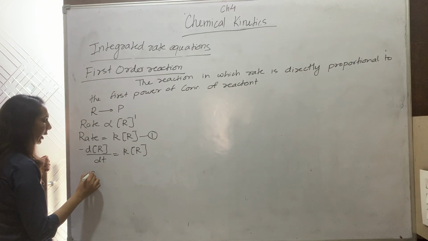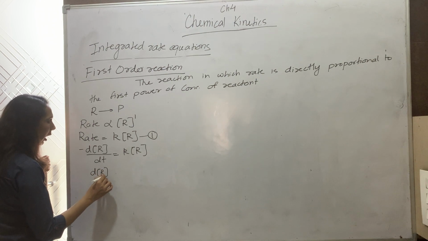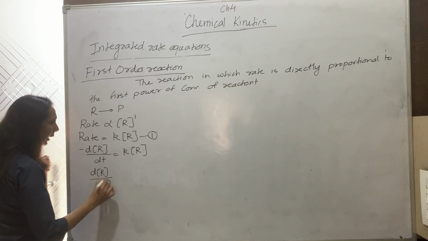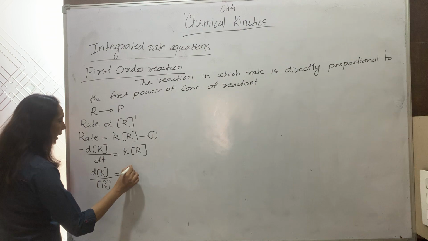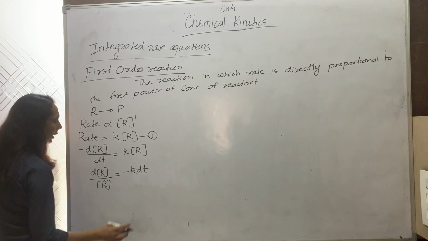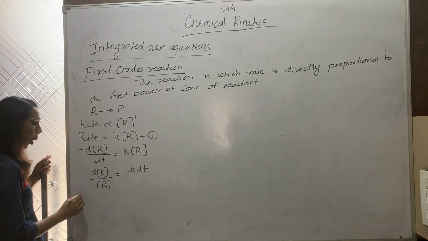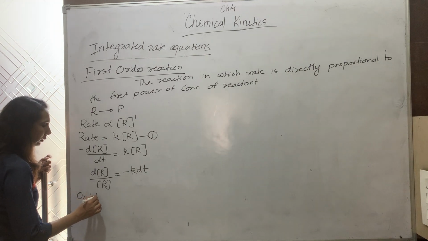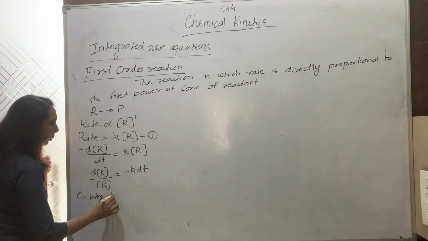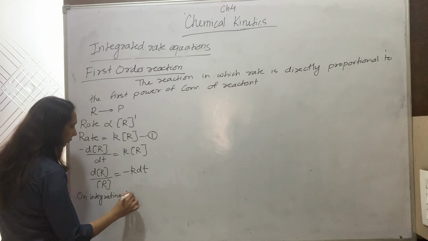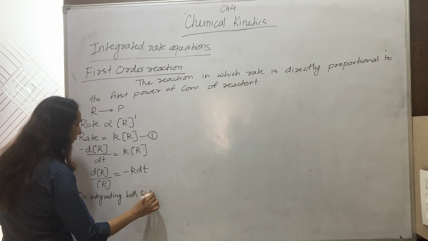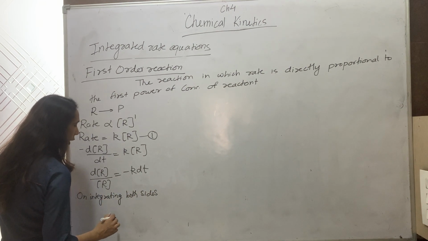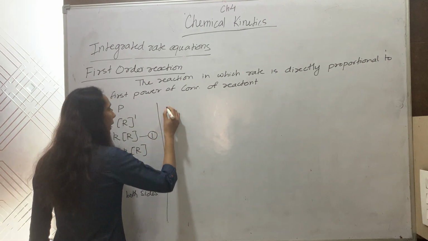I'm just rearranging the equation: d[R] by [R]. I bring [R] this side and I take the negative sign and dt this side. Now on integrating both the sides of the equation, what we get?